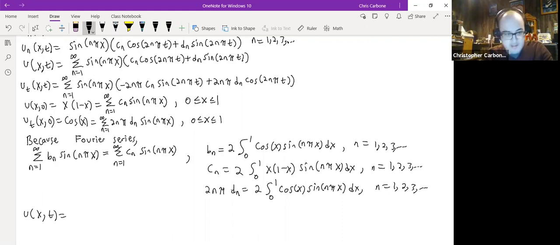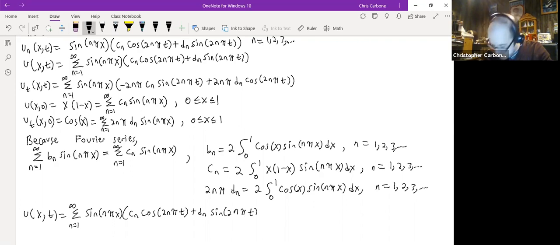This is going to be equal to the sum from n is equal to 1 to infinity of sine of n pi x times c sub n times cosine of 2n pi times t, plus d sub n times sine of 2n pi times t.